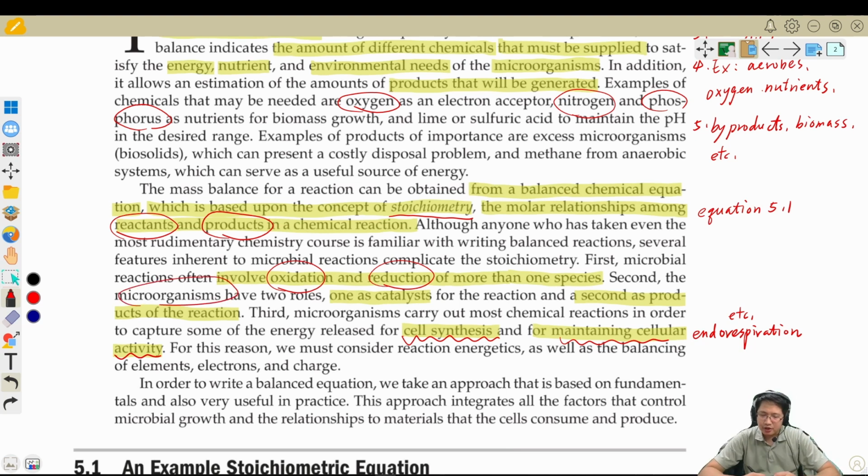The second concept is that in the chemical reactions with microorganisms, the cells have two roles. One is as a catalyst to trigger the chemical reactions, and the other is that they are also the products of the reaction.